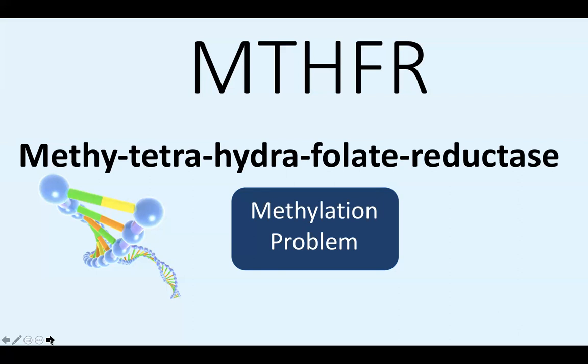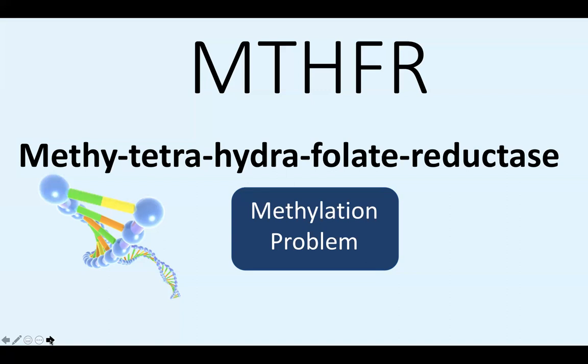Some other conditions that are associated with this MTHFR, in addition to the cardiovascular and the thromboembolic diseases, such as blood clots, stroke, embolisms, is depression, anxiety, bipolar disorder, schizophrenia, colon cancer, acute leukemia, chronic pain and fatigue, nerve pain, migraines, recurrent miscarriages in women of childbearing age, pregnancies with neural tube defects, cleft palate, and other things like spina bifida and anencephaly.